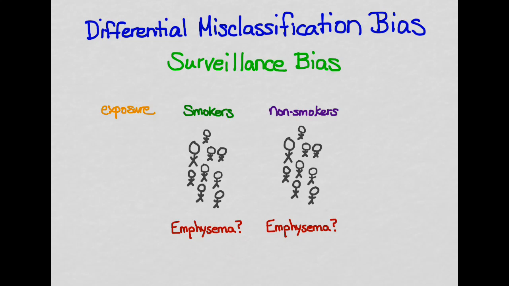In this case, the exposed group is more likely to be classified as having a disease than the non-exposed group. And this obviously exists for other exposures and diseases, ones in which one exposure group is more likely to have the disease detected than another.